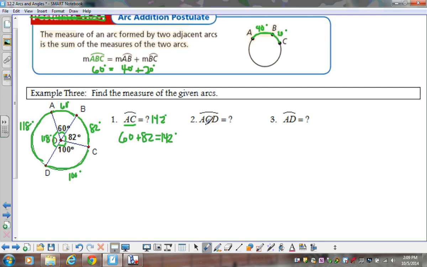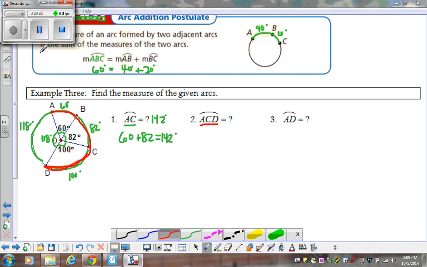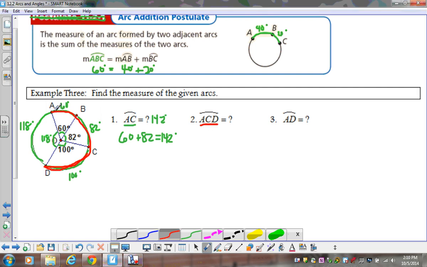All right, so now if we look at the next one, the measure of arc ACD. Now that's 3 letters, so that's either going to be a semicircle or a major arc. Now there are examples where a minor arc is named using 3 letters, but that's very rare. Usually it's going to be 2 letters. So let's just make sure it is going to be a major arc or a semicircle. So I've got A to C all the way around to D. To find the measure of arc ACD, I'm going to take each of these pieces of 60 plus 82 plus 100 degrees.